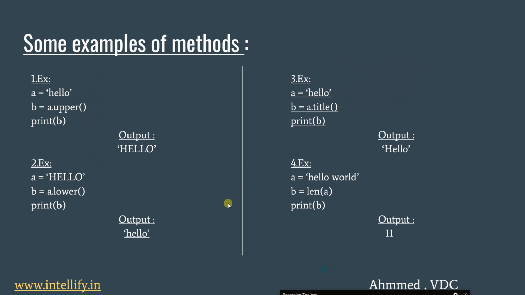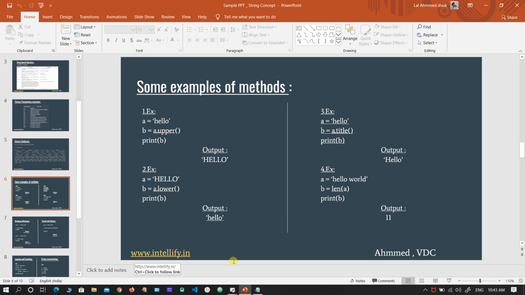let's see methods with examples. The first example is the lower method. It will convert all uppercase string into lowercase. This is the example we write in code.